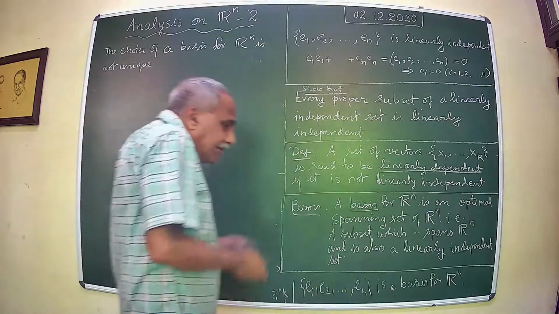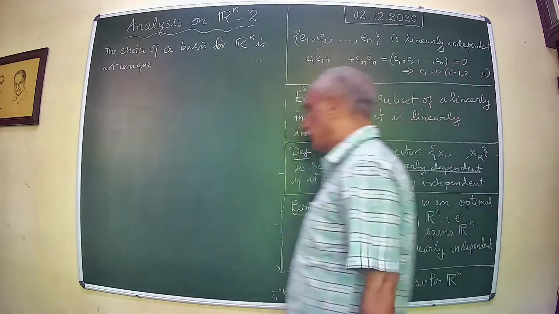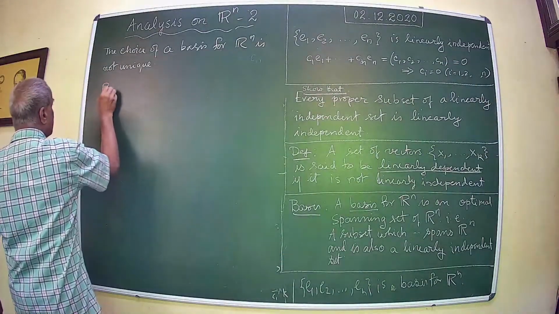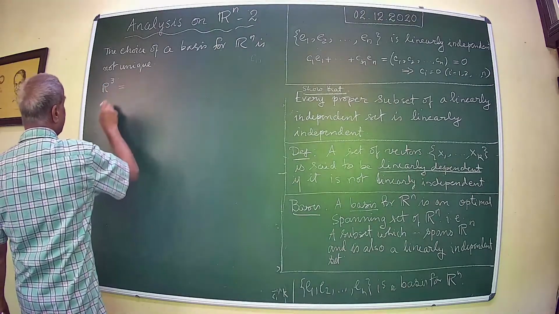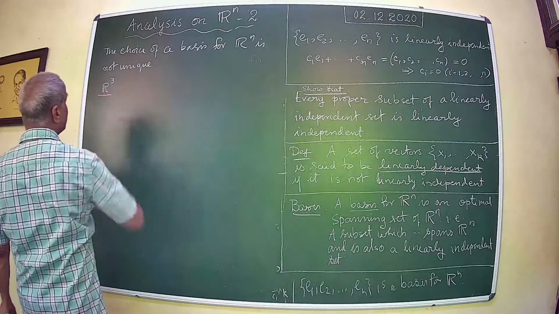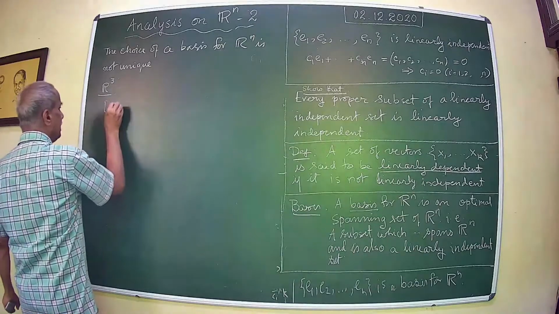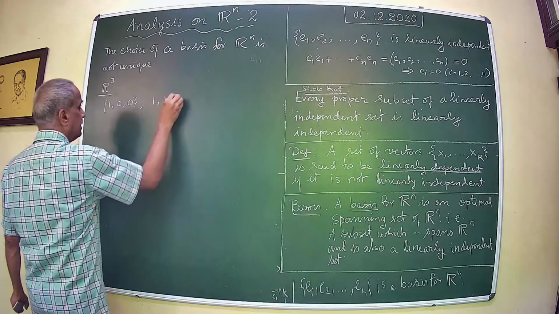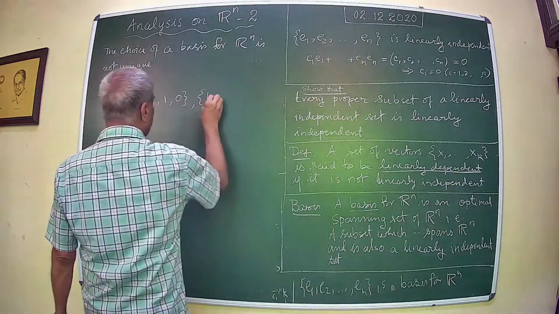That means you have to exhibit another basis. Okay, so let us work with R3. Let us take R3. So for R3, look at this set of vectors (1, 0, 0), (1, 1, 0), (1, 1, 1).